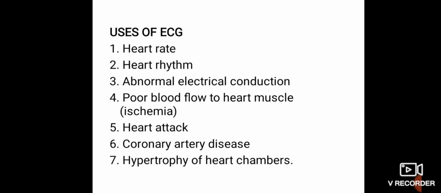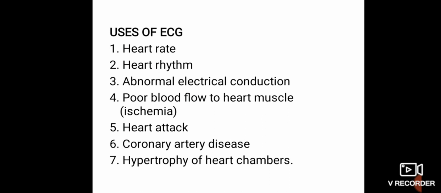It is also needed for people having abnormal electrical conduction, poor blood flow to the heart muscle, coronary artery diseases, and hypertrophy of heart chambers. These are some of the cases in need of ECG recording.